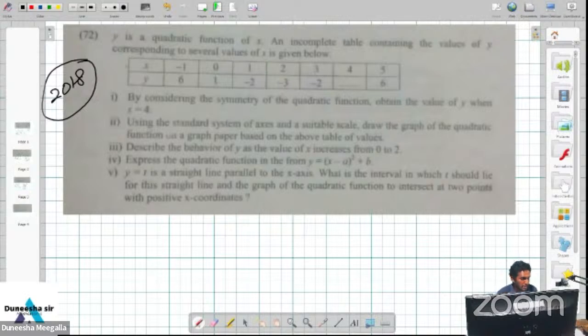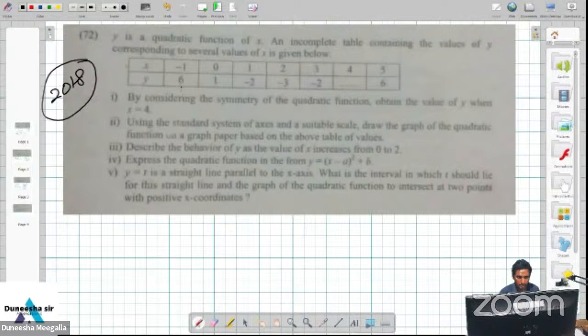You know symmetric means there is a symmetry, right? A symmetric line. Then how do we get the value when x equals 4? What is the value?